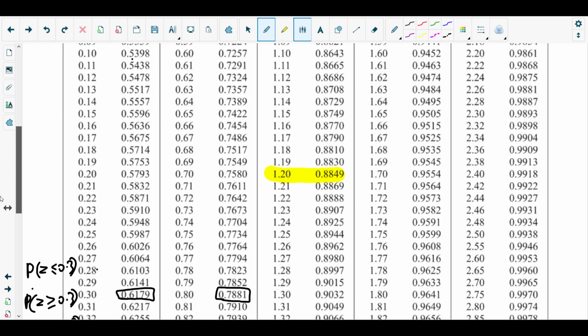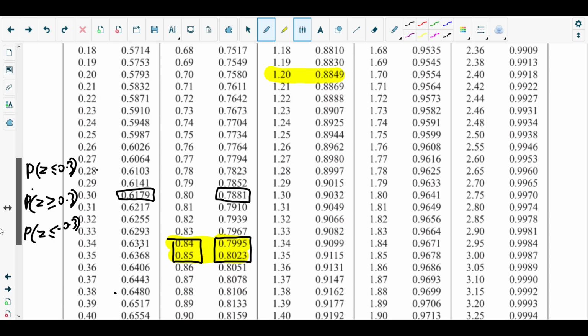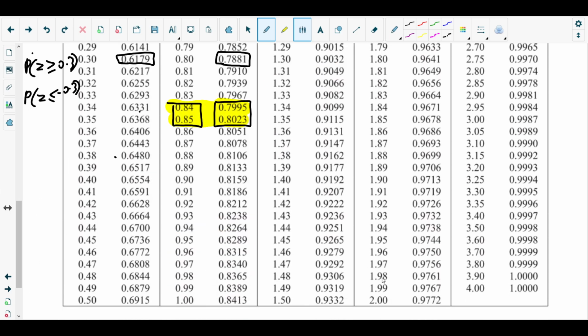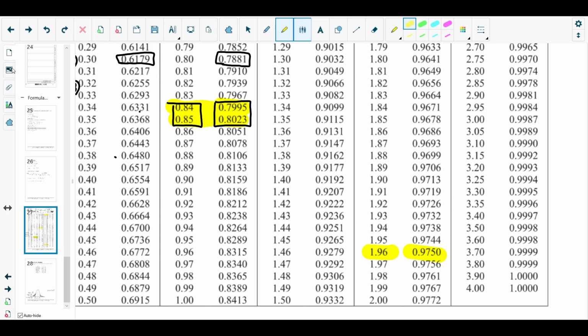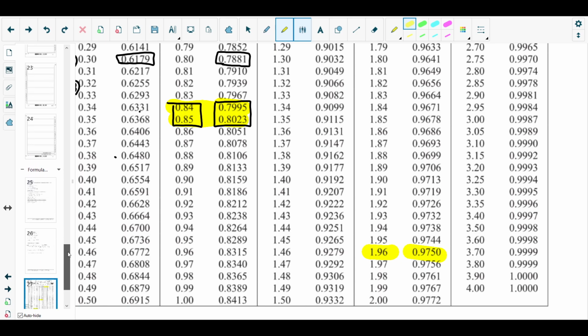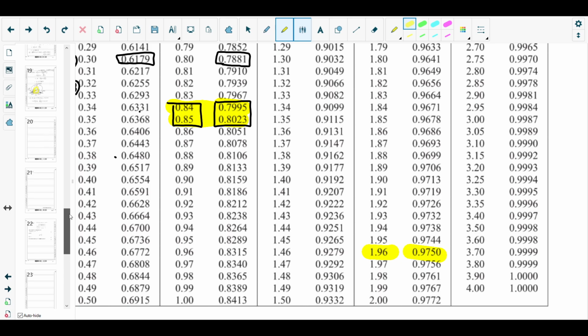Look, we got it. This is 0.9750. Exactly the value is given here. If you have a 991EX calculator, you can directly find that value using inverse normal. I will show you. 1.96, we got the value for z here. It is what?